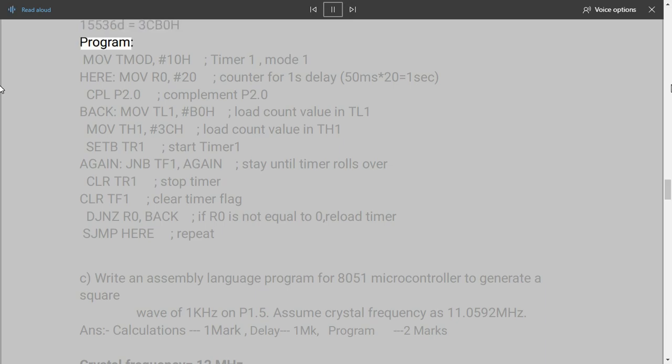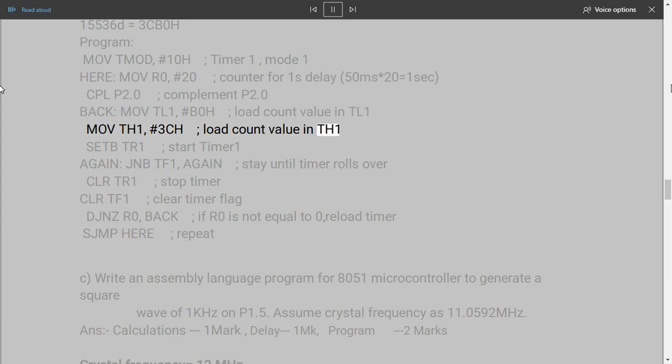Program: MOV TMOD, #10H, timer 1, mode 1. Here: MOV R0, #20, counter for 1 s delay, 50 ms * 20 equals 1 sec. CPL P2.0, complement P2.0. Back: MOV TL1, #0B0H, load count value in TL1. MOV TH1, #3CH, load count value in TH1.